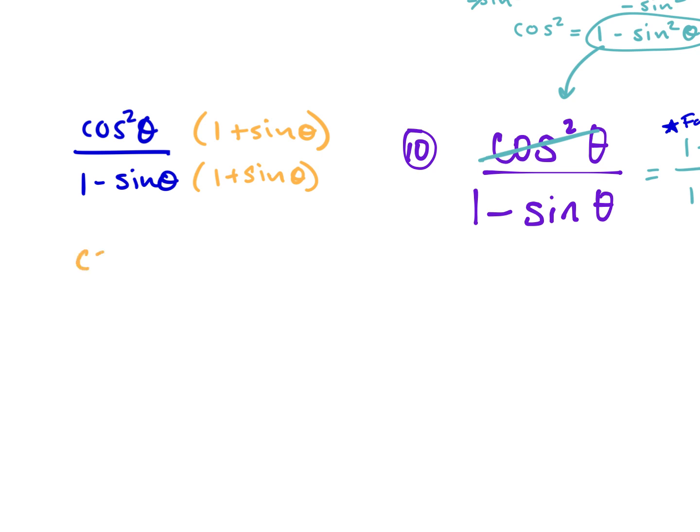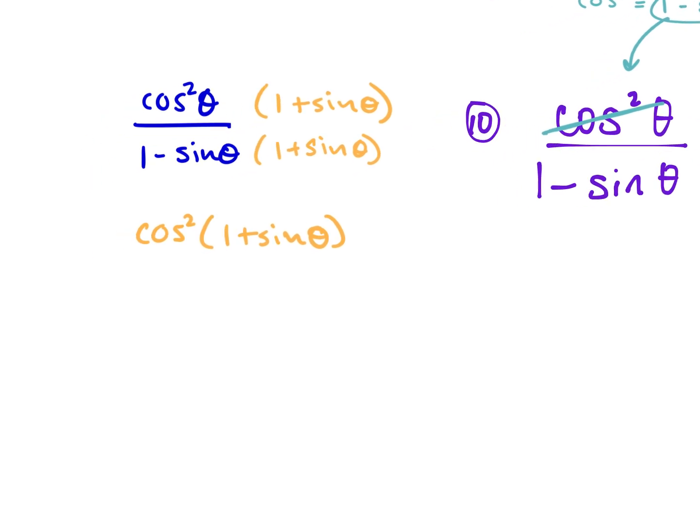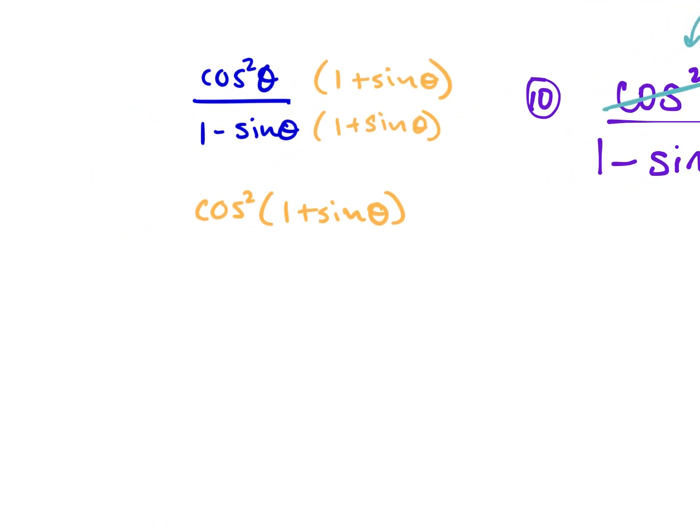Up top, that gave us cosine squared times 1 plus sine. I'm not going to distribute up top, just to see if things will simplify later. In the denominator, you can use your conjugate shortcut, so that would be a squared minus b squared. So 1 squared minus sine squared. What's 1 squared? Just 1.